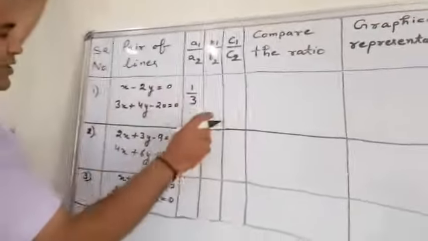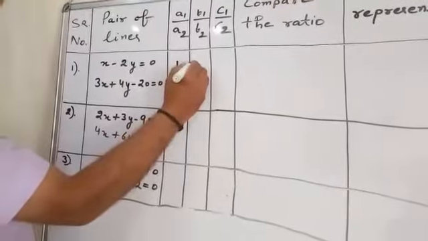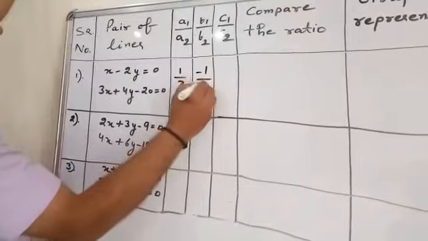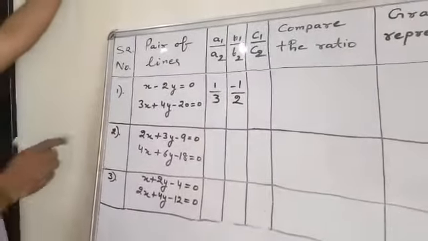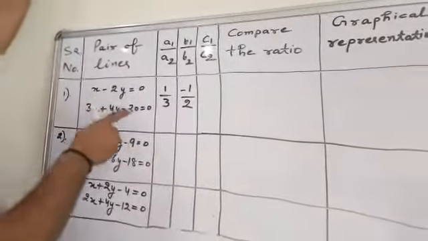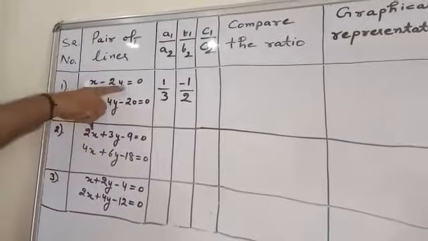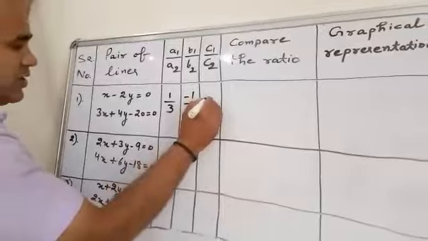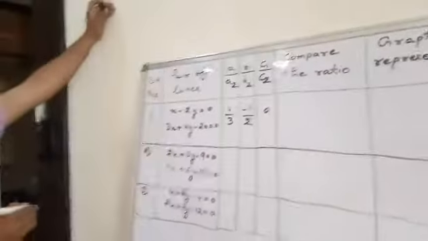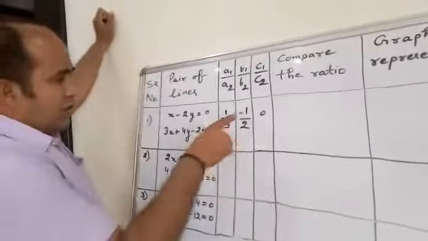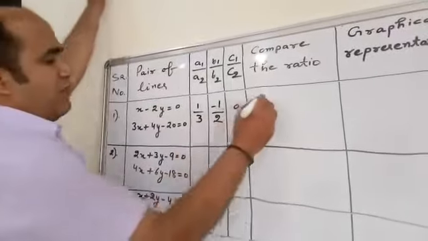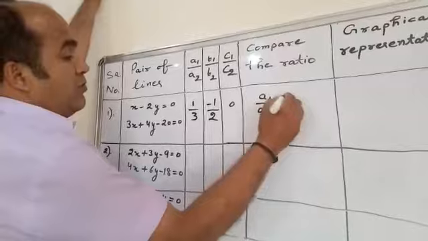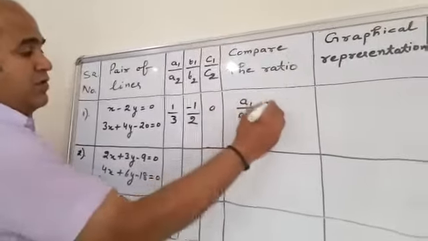Now b1 by b2 is minus 2 by 4, means minus 1 by 2. C1 upon C2, here in first equation C1 is not given, so it becomes 0. So here a1 upon a2 not equal to b1 upon b2.